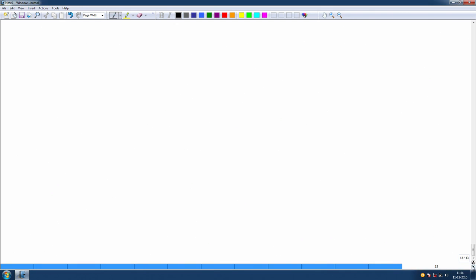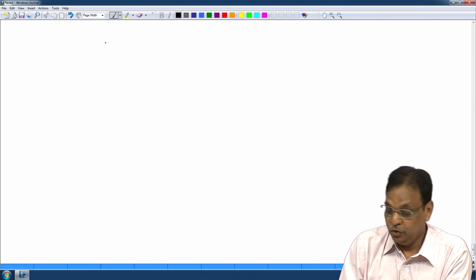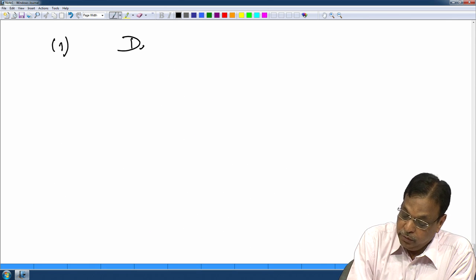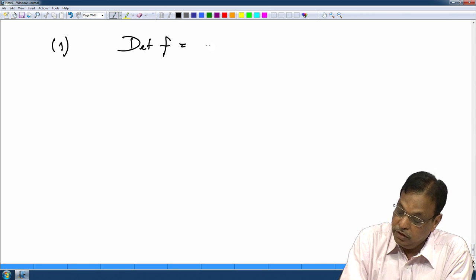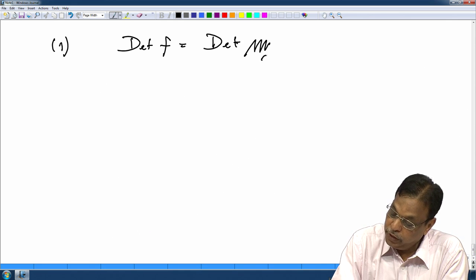Okay, so let me quickly show you two things. First of all, it should also match with the earlier definition. So one, I want to show you the determinant of f is nothing but the determinant of the matrix of f with respect to any basis. This also we have to show.